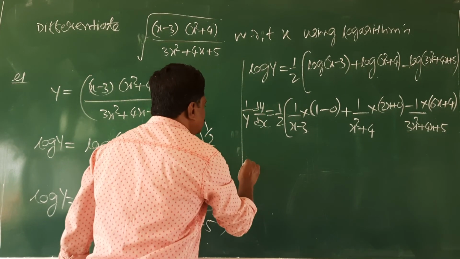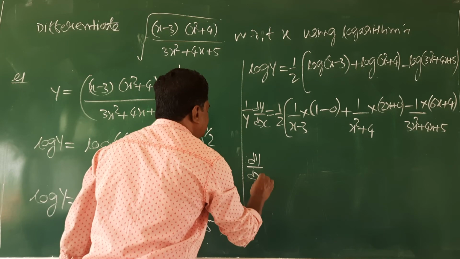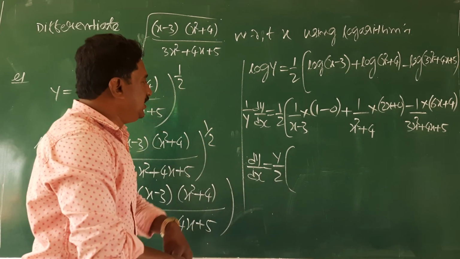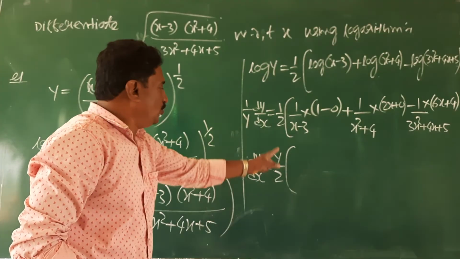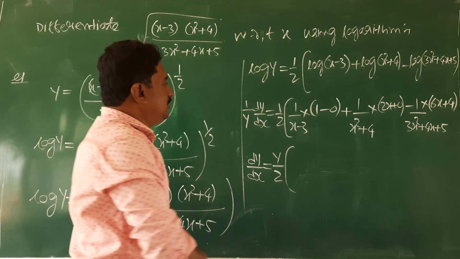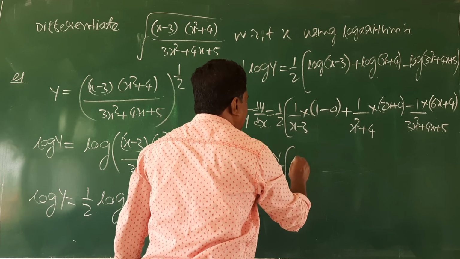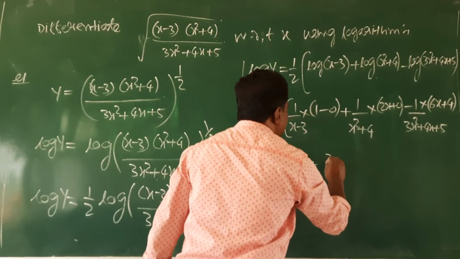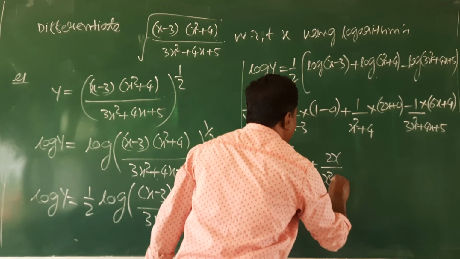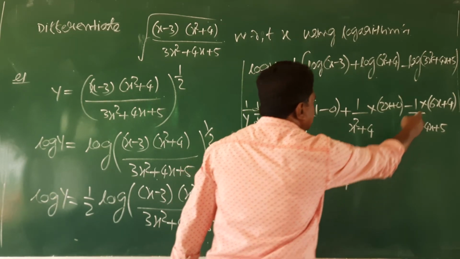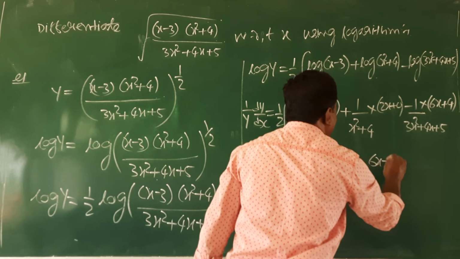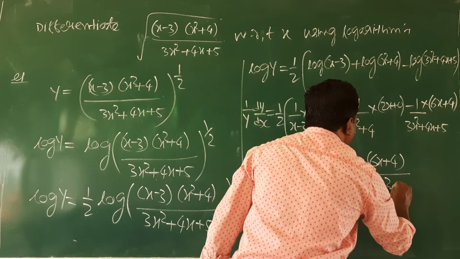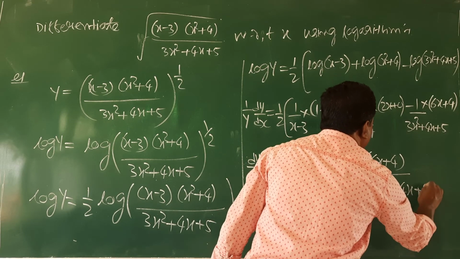Therefore dy by dx is y by 2 into (1 minus 0) 1 by x minus 3 plus 2x by x square plus 4 minus (6x plus 4) by (3x square plus 4x plus 5).